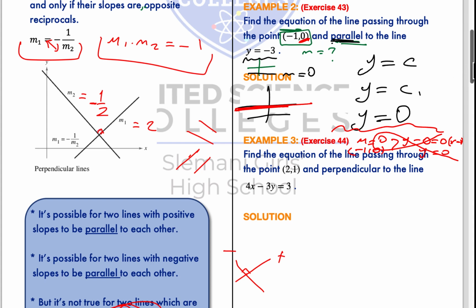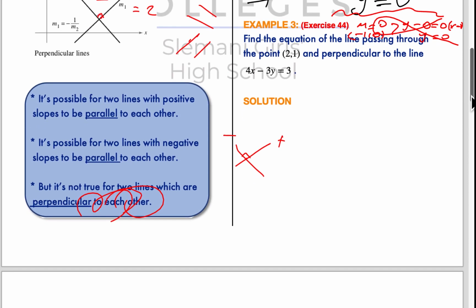All right. Another example, another exercise question in the book. This time, the point is given. The slope is perpendicular to the given line. So I need to know the slope of the given line first and then find the slope of the other line.